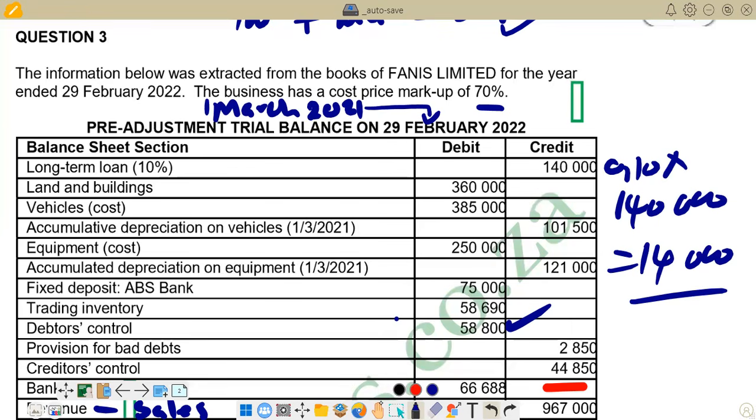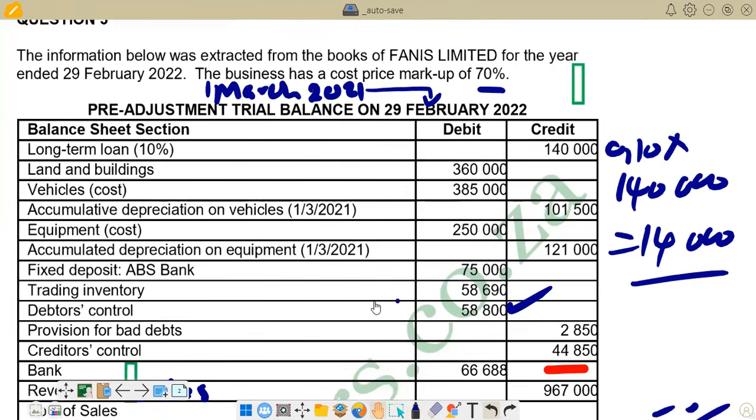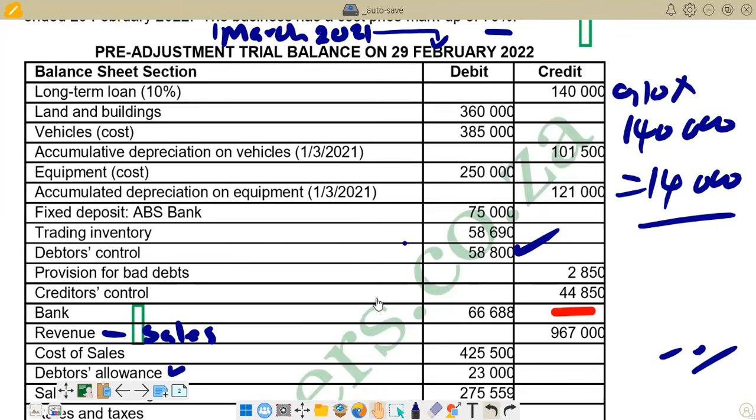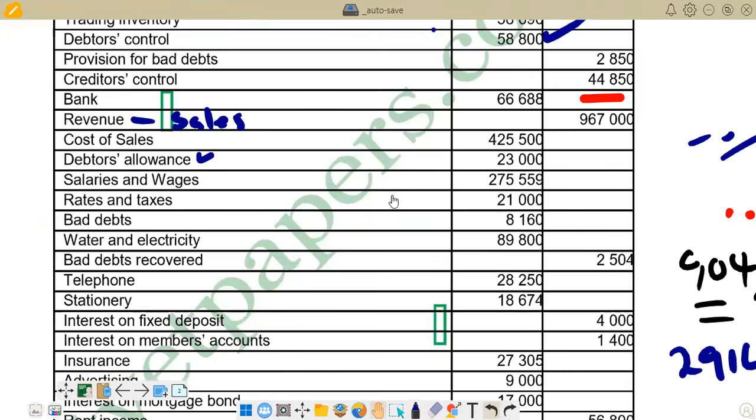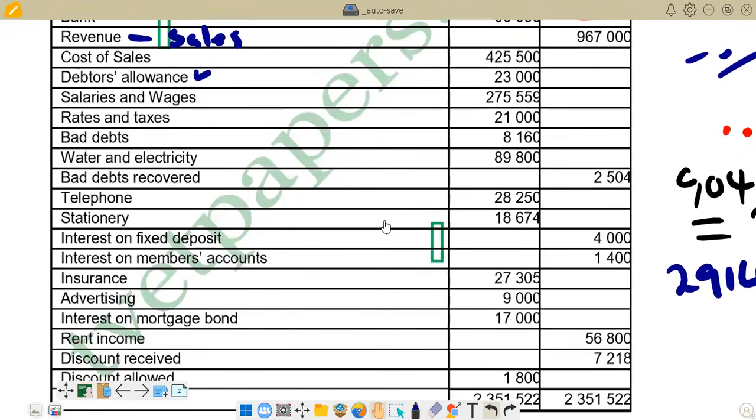But if you go down there, you'd see that the interest that was paid is more than 14,000. It's 17,000. This is the interest that was paid, which is more. So we say 17 minus 14, you get 3,000. So we have a prepayment of 3,000. So you're going to remove the 3,000, say 17 minus 3, so that will go back to 14,000.